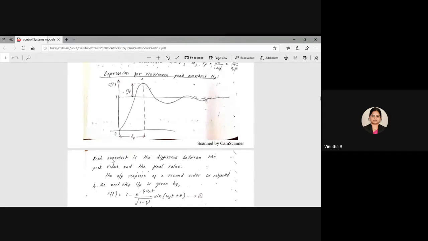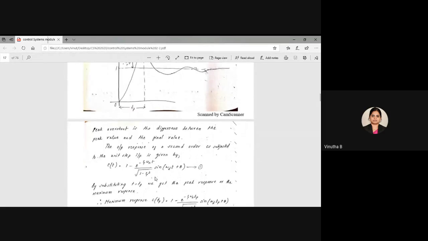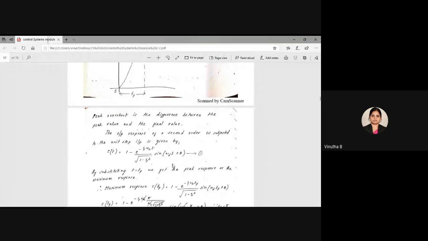So here you can see peak overshoot is the difference between the peak value and the final value. The output response of a second order control system subjected to the unit step input is given by, so again write down the expression for the time response of the second order control system.